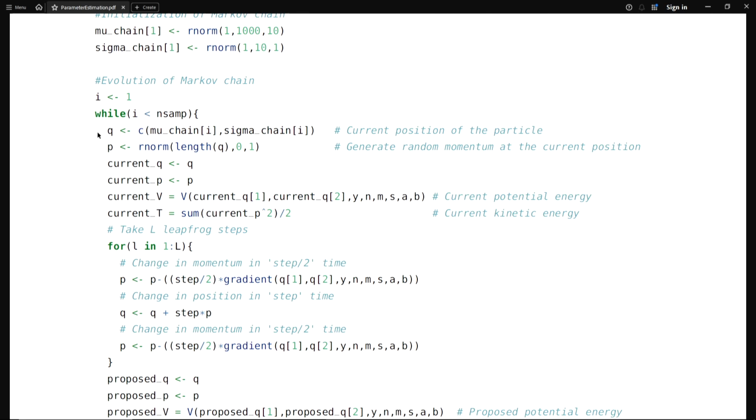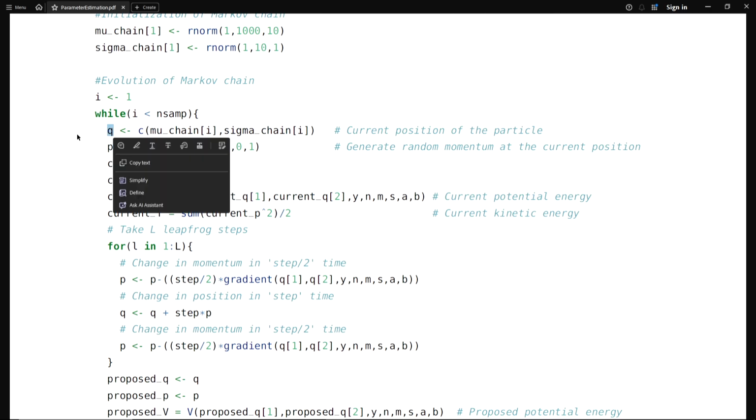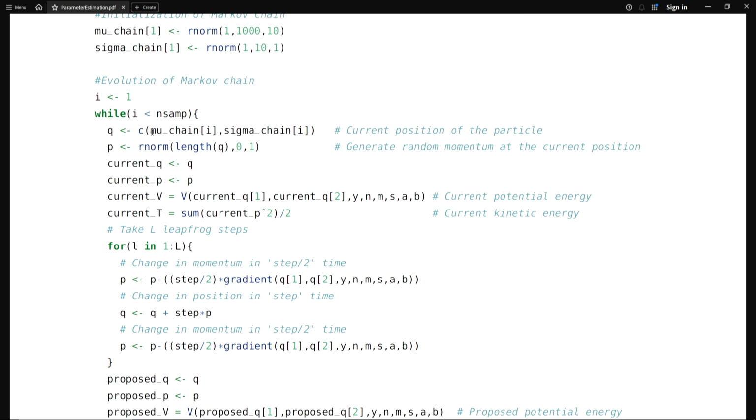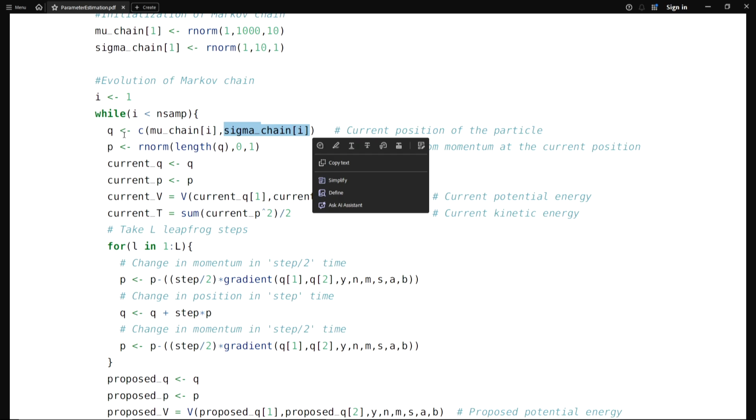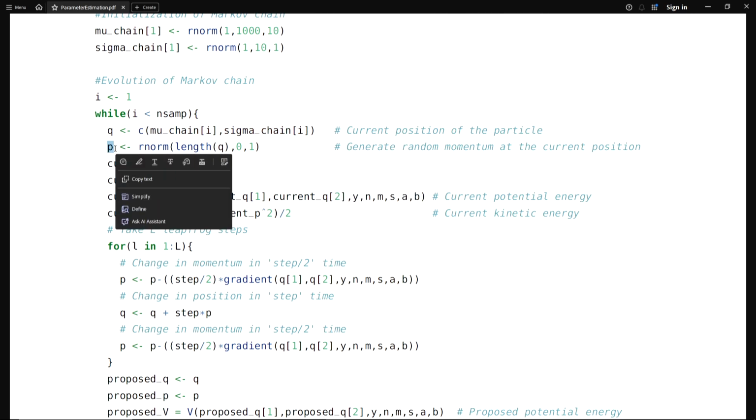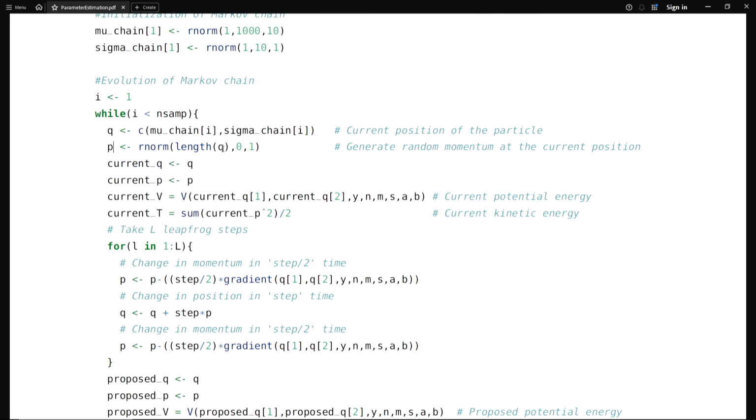So this is the current position of the particle, Q, basically the current state of both the mu chain and the sigma chain. P you can also call something else, maybe R. This is the random momentum we are generating from a normal distribution. Basically this will push the particle in either direction, because it can have negative as well as positive values.